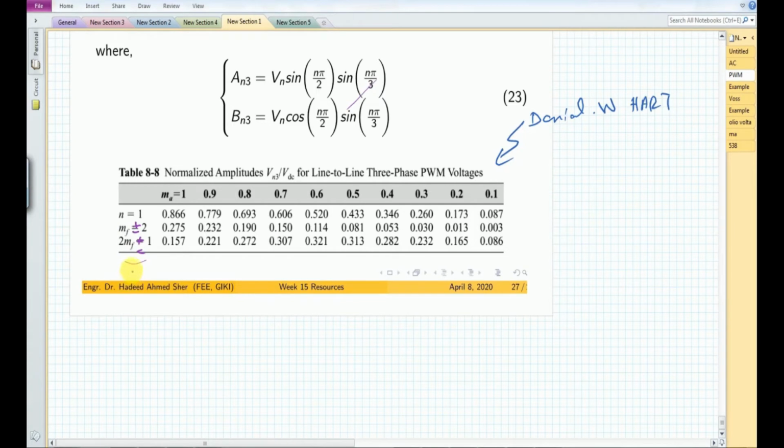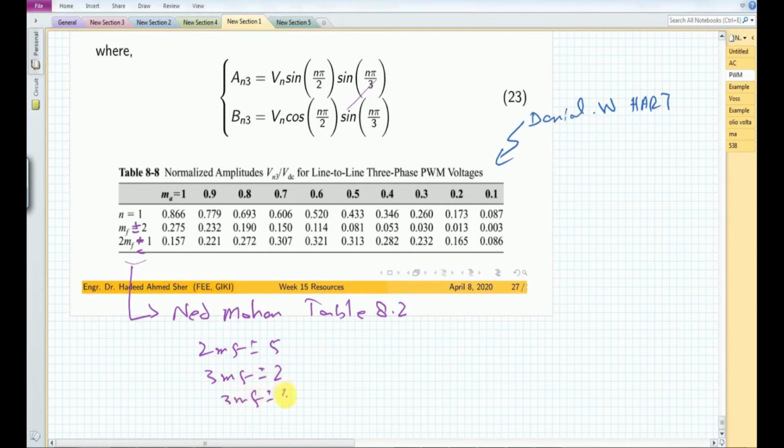However, if you move on to one of the reference books, which is by Ned Mohan, in its table number 8.2, it gives us a lot of other values, including 2 m_f plus minus 5, and thereafter we have 3 m_f plus minus 2, 3 m_f plus minus 4, and then 4 m_f plus minus 1, and so on and so forth.